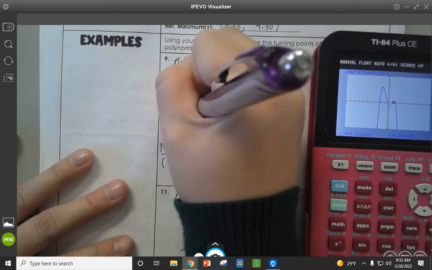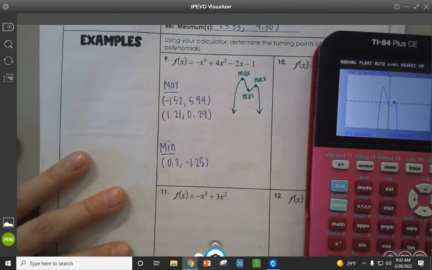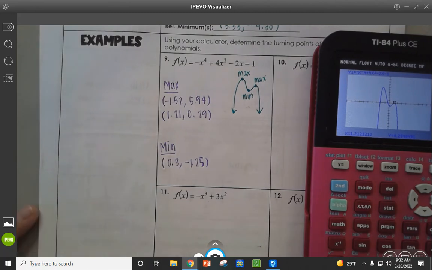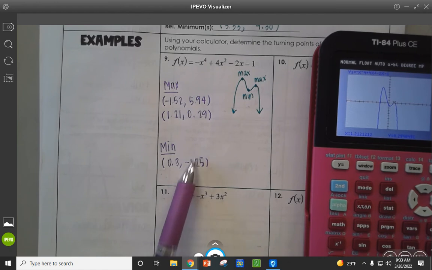The max is 0.21, 0.29. As long as you're really close. I mean, if you have like 1, -2, that's not close. When I'm saying close, I'm talking about like a few decimal points away.